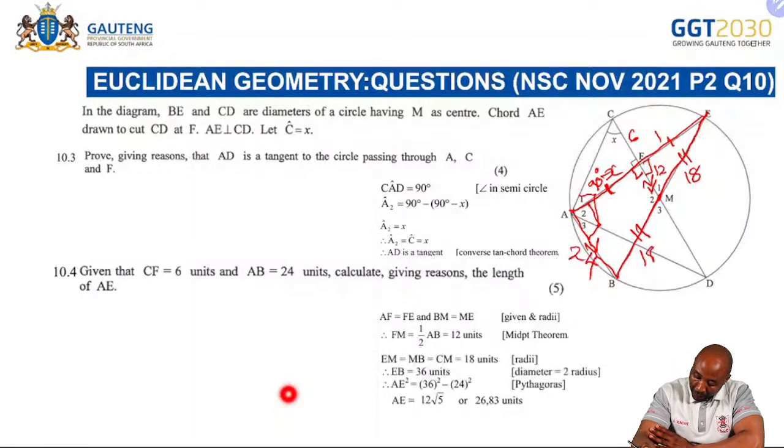And then we know that EM is equal to MB equal to CM because these are radii, they are going to be 18 units. And then FB is going to be 36 units. I've indicated there on the diagram. Our triangle ABE is a right angled triangle. We then use the theorem of Pythagoras to find the length of AE, and we find it as 12 root 5 units.